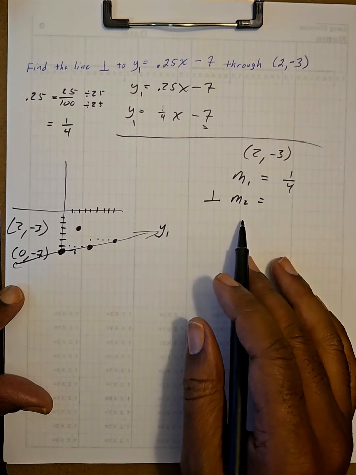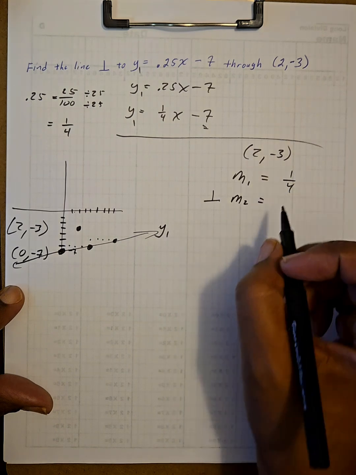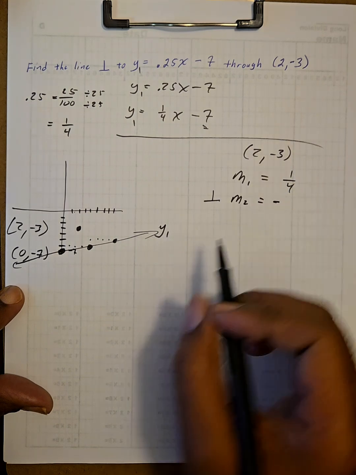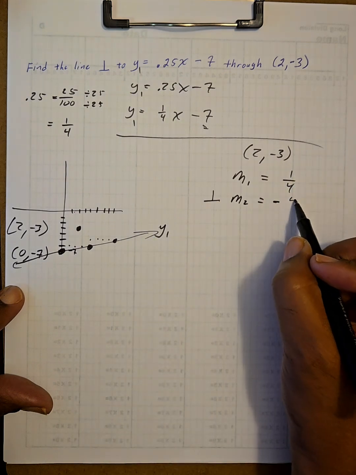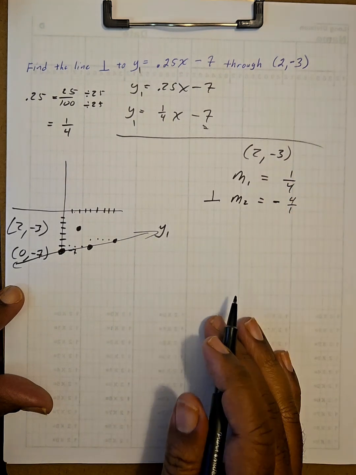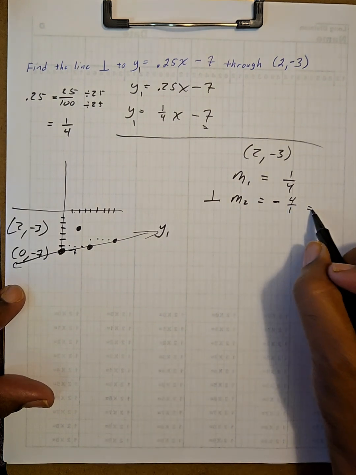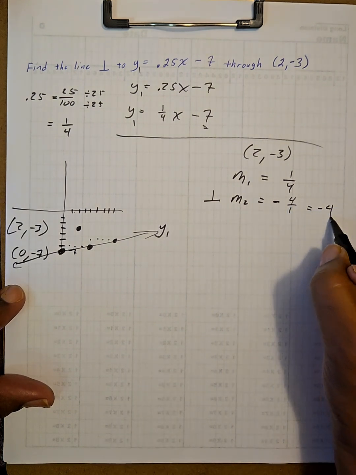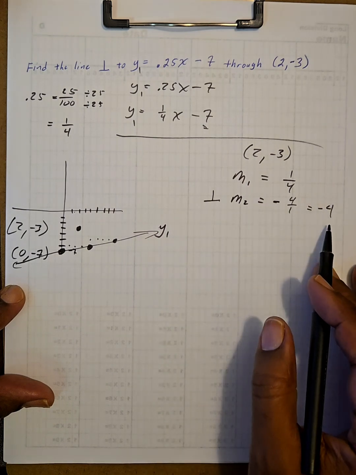To make a perpendicular slope, what you do is change the sign of the original slope, so that'll be negative, and you take the reciprocal. So instead of 1 over 4, it's going to be 4 over 1, and 4 over 1 will simplify down to negative 4. So our new slope that'll be perpendicular will be negative 4.